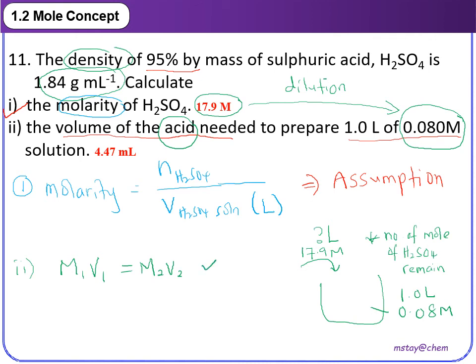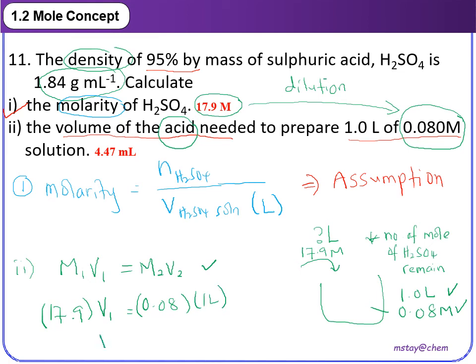M1, let's say you calculated part A already, so it's 17.9. V1 is the one that we want to find out, how much acid is needed. M2 is this one, 0.08, while V2 will be 1 liter.